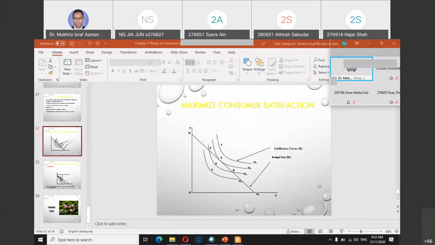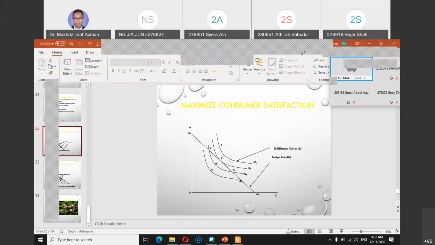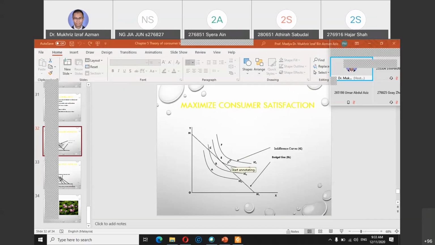So that is when the budget line is tangent to the indifference curve, that is the best combination that this consumer can buy given the income that the person has. So given the income that the person has, the best combination that the person can buy is at point E. Of course, point E is located at IC2, and IC2 is lower than IC1.